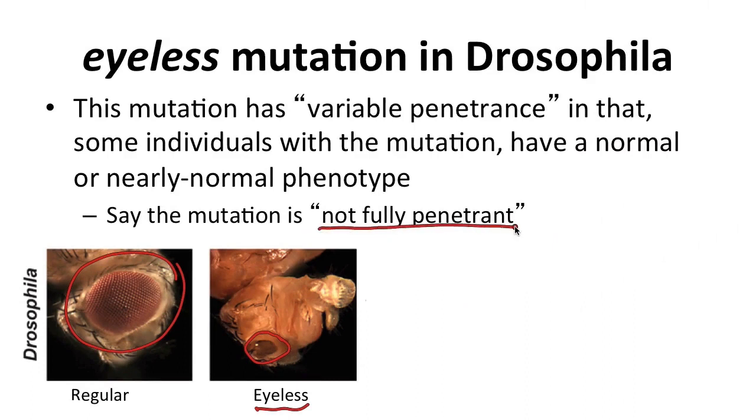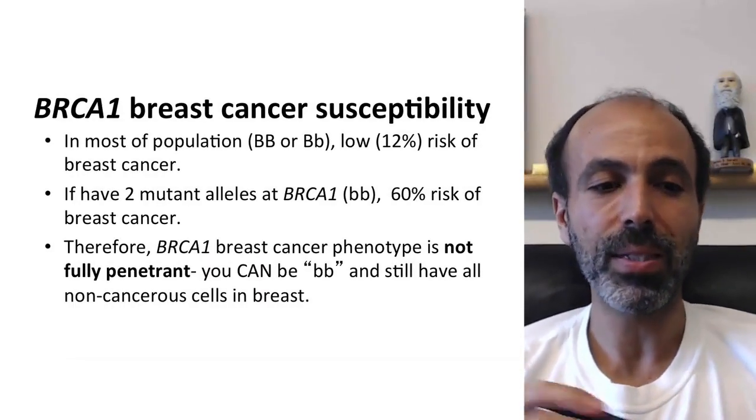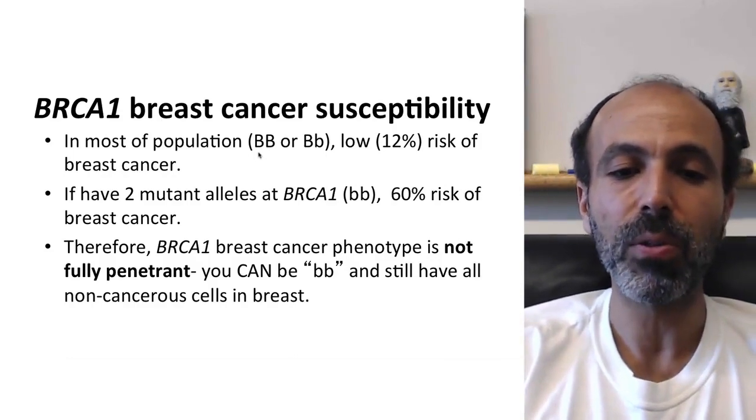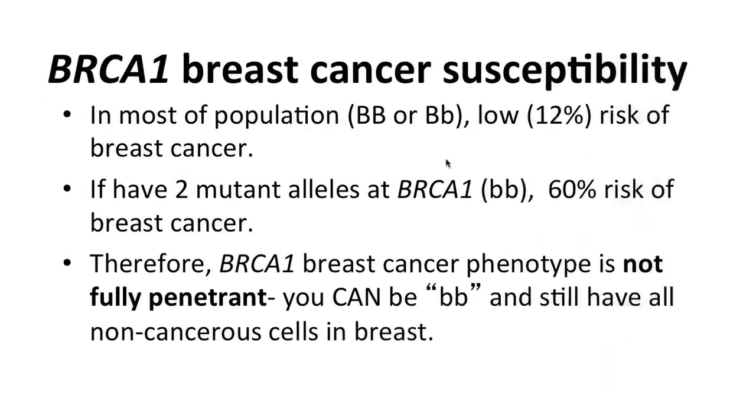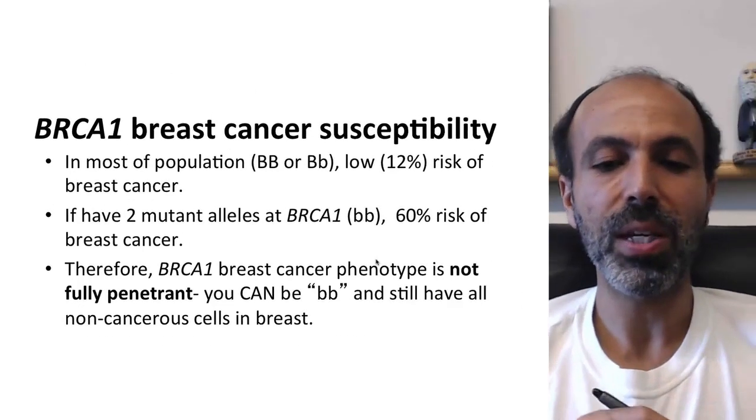It exhibits variable penetrance. Now, this is very often true when you look at disease susceptibility genes. So, for example, the BRCA1 breast cancer susceptibility gene that's out there, in most of the population, if you're a big B or a big B, little b, you have a low chance of getting breast cancer, on the order of 12%. Unfortunately, that's low. If you have 2 mutant alleles of this gene, though, then you have a 60% chance of getting breast cancer.